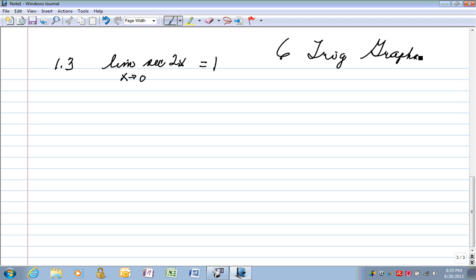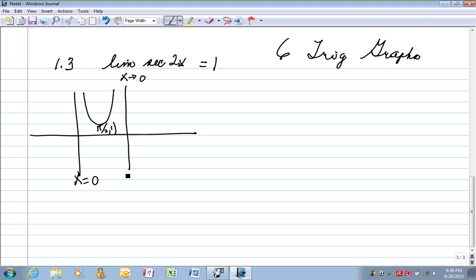You never, ever see me, when I say graph a sine, take my graph paper and then do cosecant on the same graph. All 6 trig functions have special properties. So if I look at a cosecant graph, at pi over 2 it's 1. Then it has vertical asymptotes at 0 and at pi, and I'm talking about y is equal to the cosecant of x, and this is x equals 2 pi.